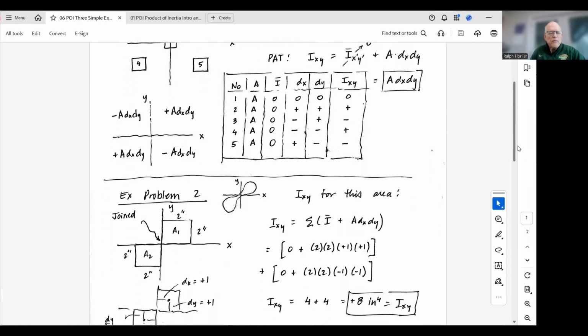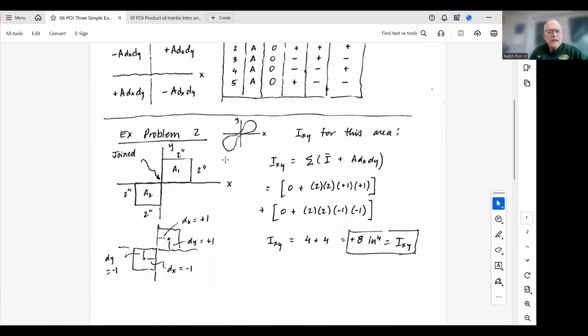So applying that to real problems, let's say you have an area with a dog bone shape, where most of its area lies along a line that extends from quadrant 1 down to quadrant 3. We can model that by an A1 and an A2, each 2 by 2. And so the Ixy for this shape that lies along this diagonal is the sum of I bar plus A dx dy.